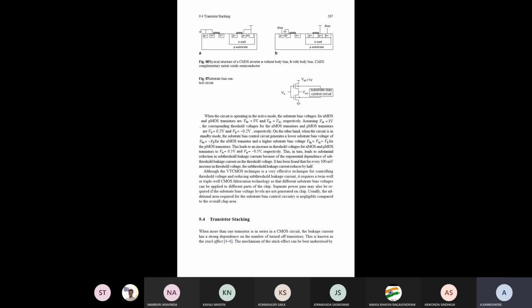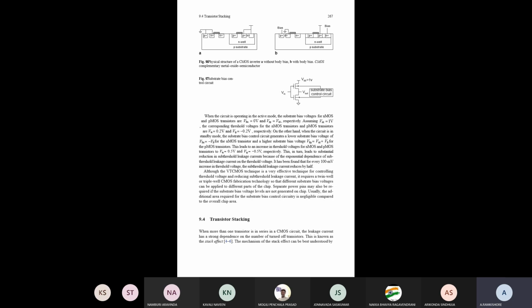In this figure, the terminals related to the NMOS transistors are connected to ground potential. Within the P substrate we have N regions, which are connected to ground, and within the N well we have the PMOS transistor, which is connected to VDD.